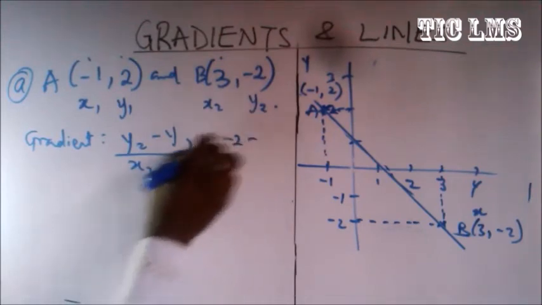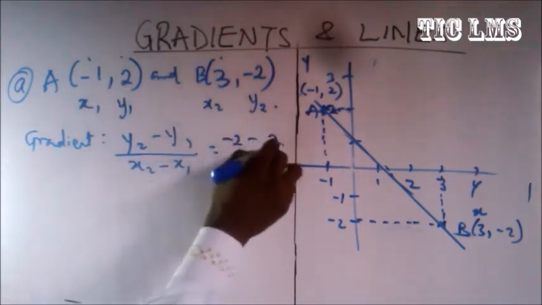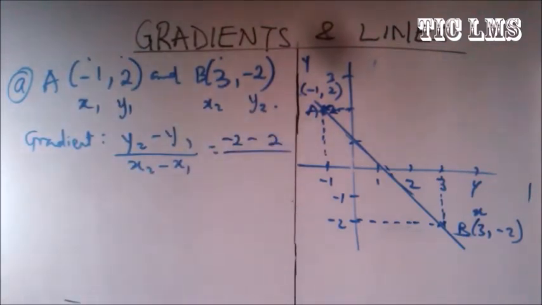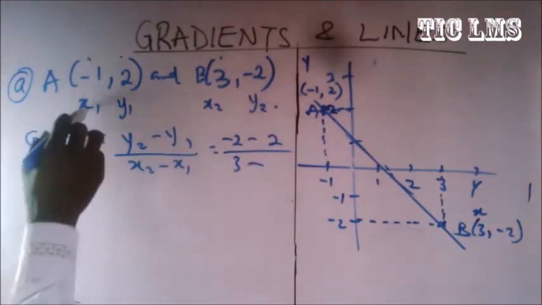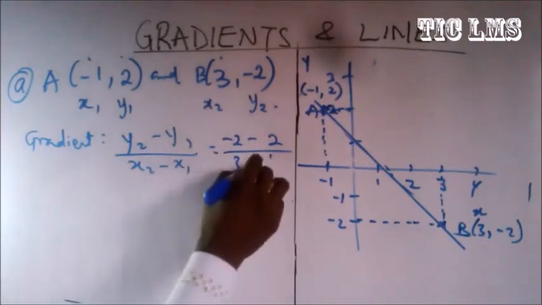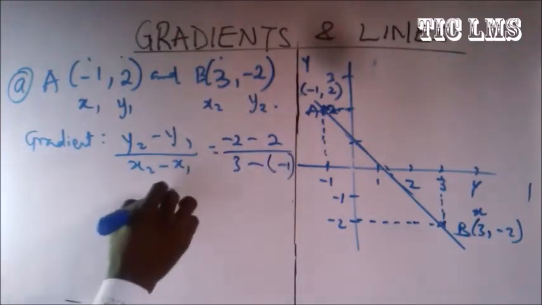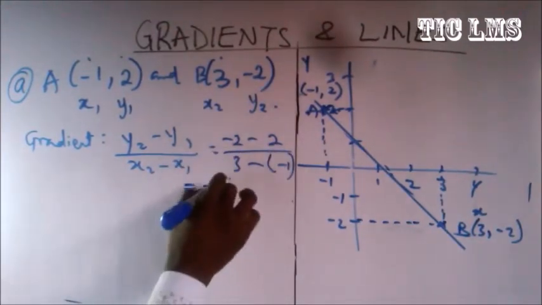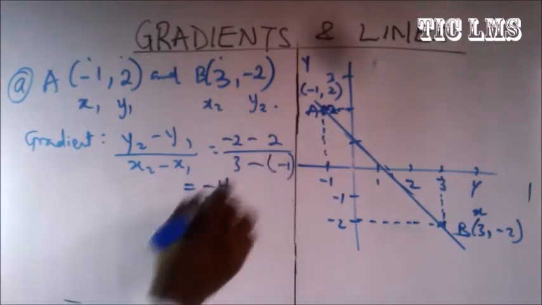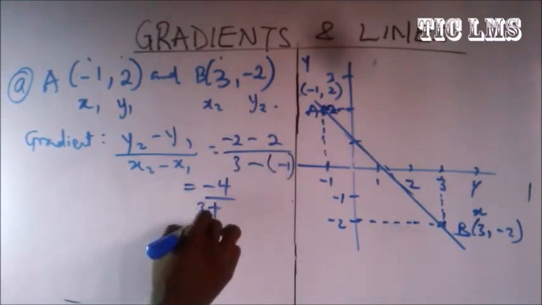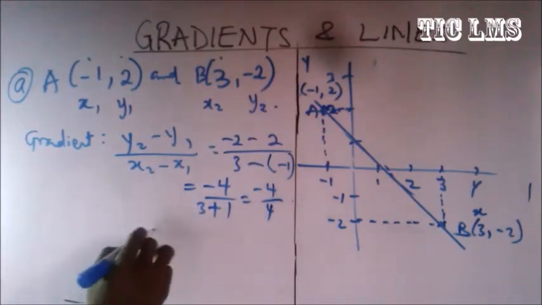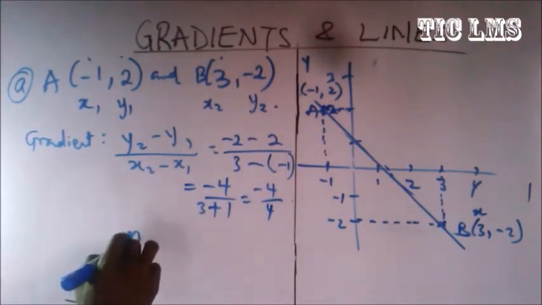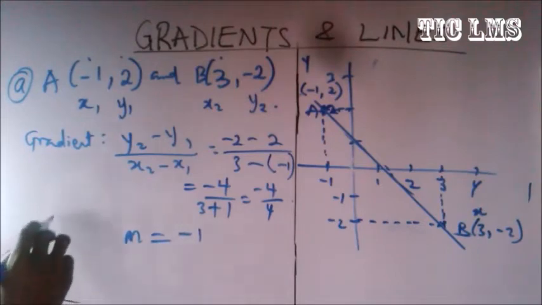We have -2 minus our y1, which happens to be 2, over x2, which is 3, minus this x1, which is -1. And so we'll have -2 minus 2, which gives us -4. And then 3 minus -1. Now minus times minus gives us plus. So we have -4 over 4.